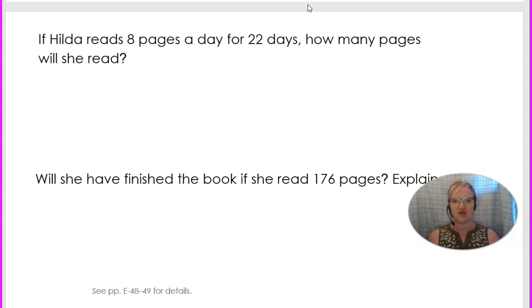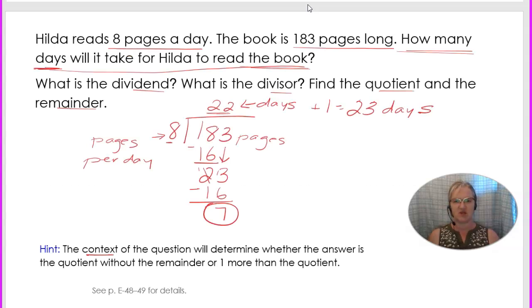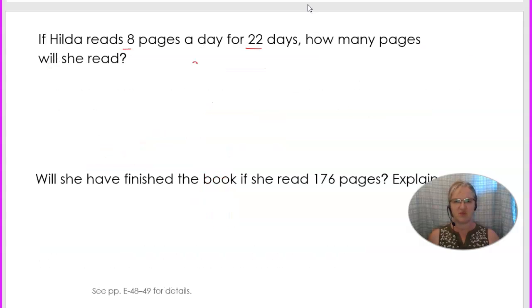Now, if Hilda reads 8 pages for 22 days, how many pages will she read? Looking back at this, 22 days, 8 pages. That's what we figured out there, right? So let's multiply it out and see. 22 times 8, 22 is the group, and 8 is how many things are in the group, right? 2 times 8, 16. 2 times 8 again, 16. 176 is our answer.